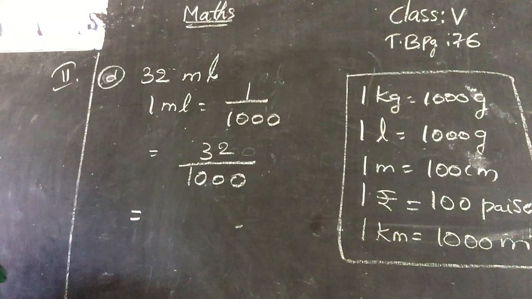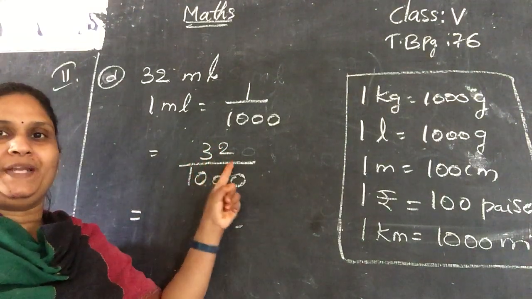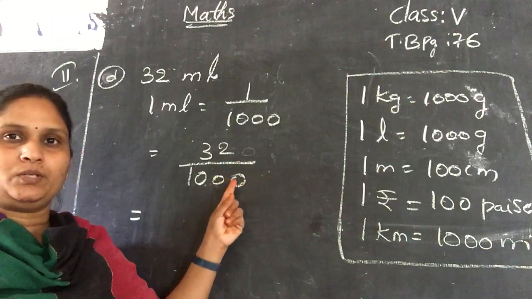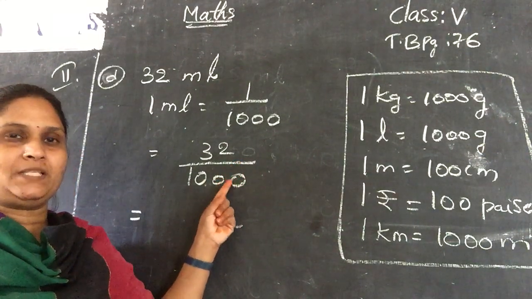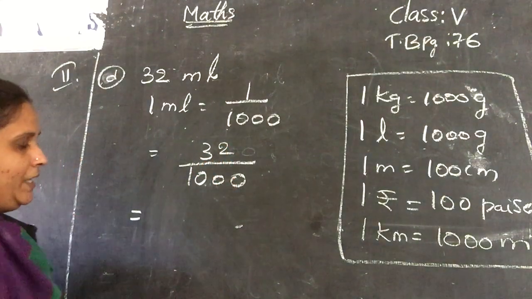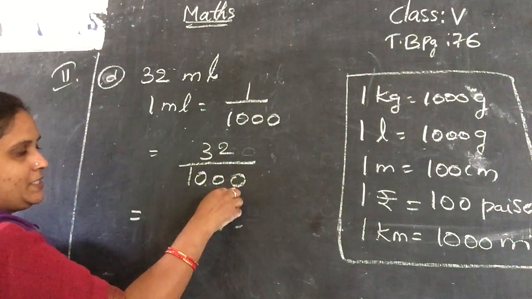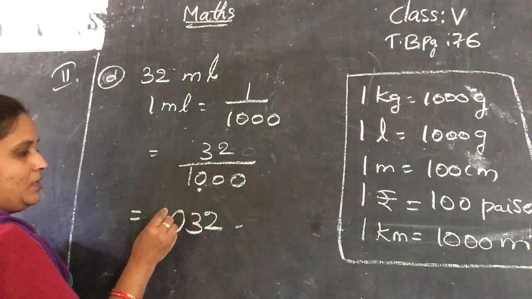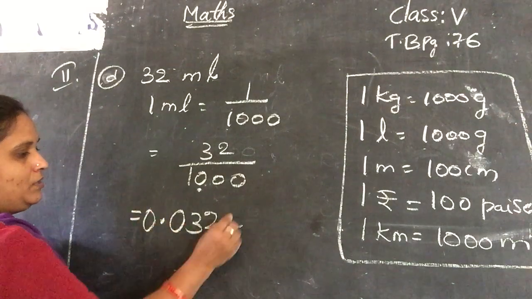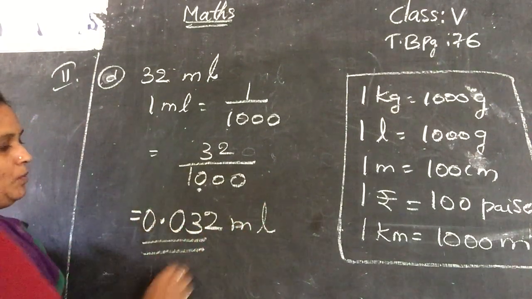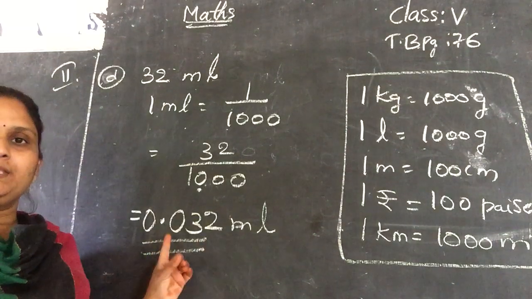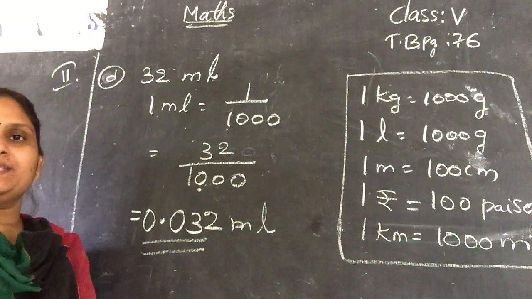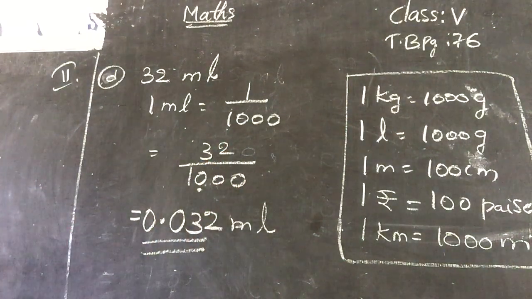How many digits are there, children, here? 2 digits are there. So in the last 2 zeros place you have to write 32. I am writing 2 in the ones place and next 3, and one more 0 is left over. Now I am writing 0.032 ml. Why did I write 3 digits after the decimal? Because here in the thousands place 3 zeros are there. Okay, next.